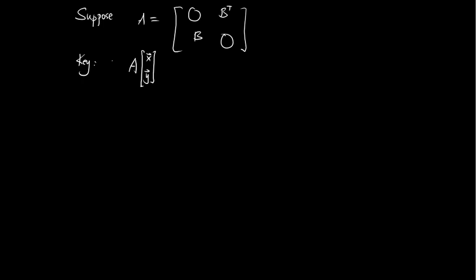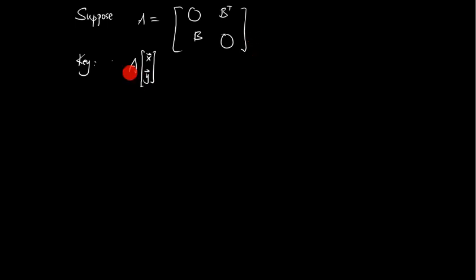So suppose A is a matrix that looks like 0, 0, and B, B transpose. Now here is the key. If there is a vector called (x, y), whenever I write it like this, it means x is a vector of length like this height, and y is a vector of the length of this height.